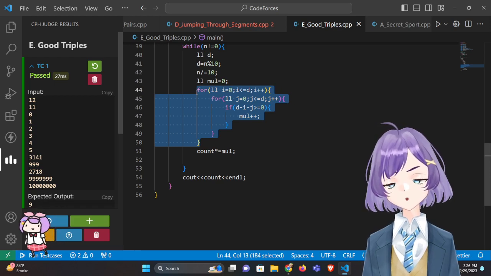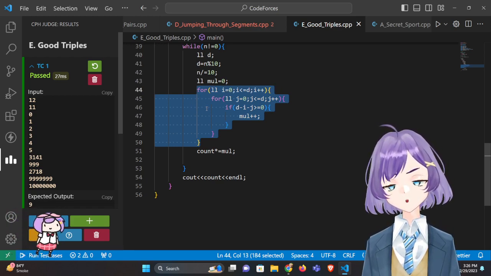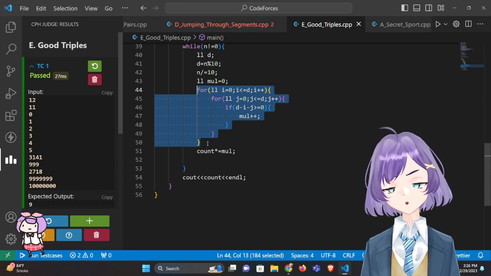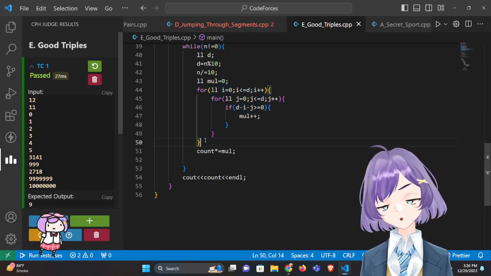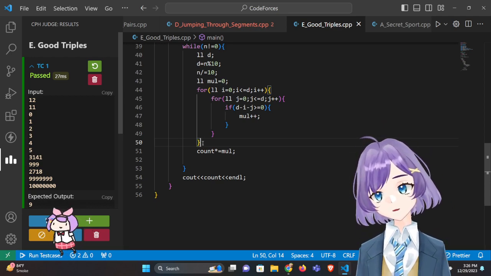If d is 5, then 500 is valid. 410 is valid. 412 is as well valid. It's like that.